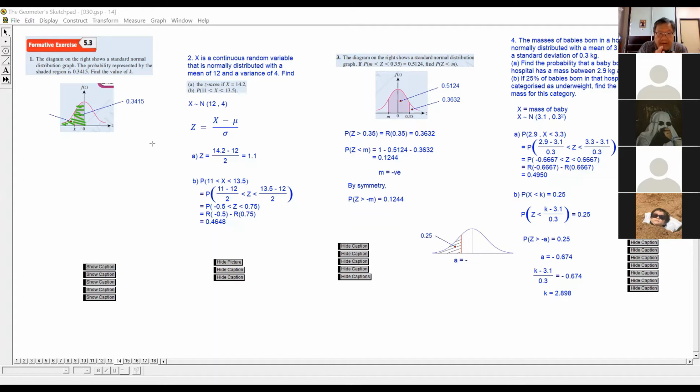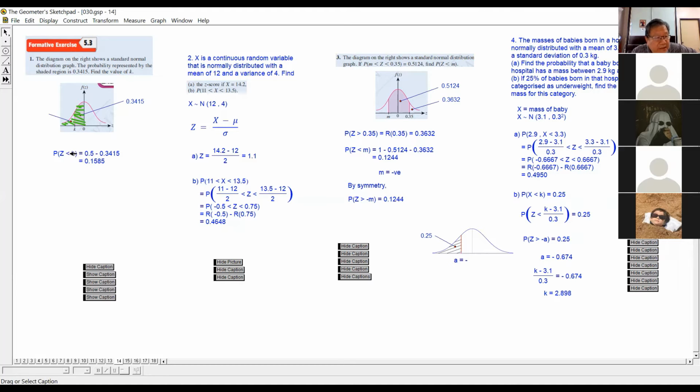So knowing that the whole green area that I've shaded is 0.5, can you tell me what is the area that is less than k? The area that is less than k, I just use 0.5 minus the 0.3415.